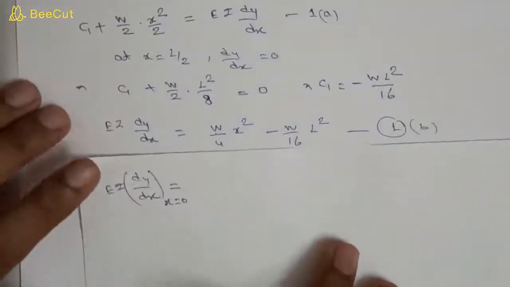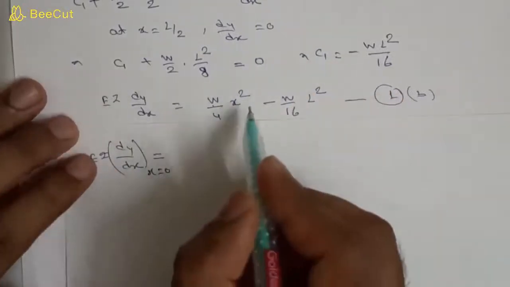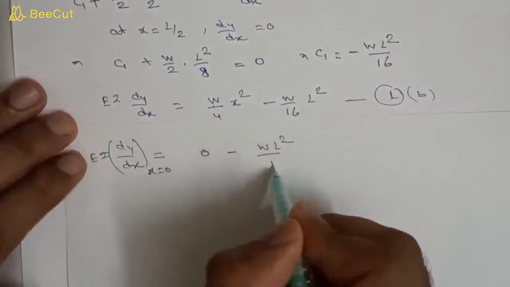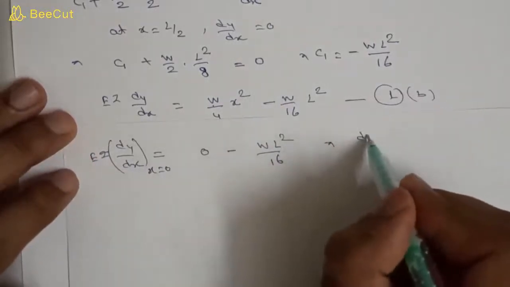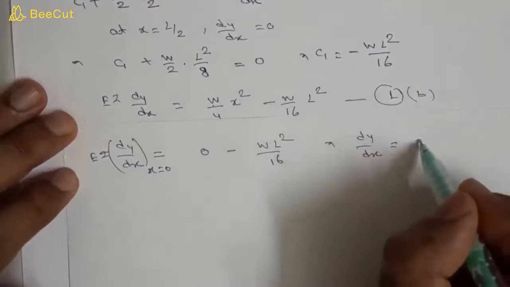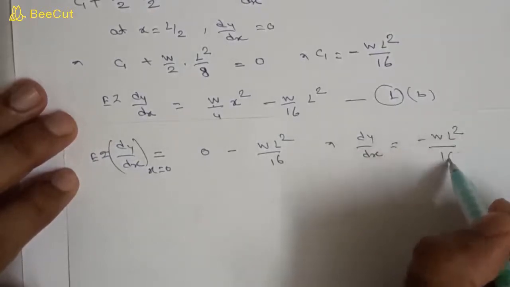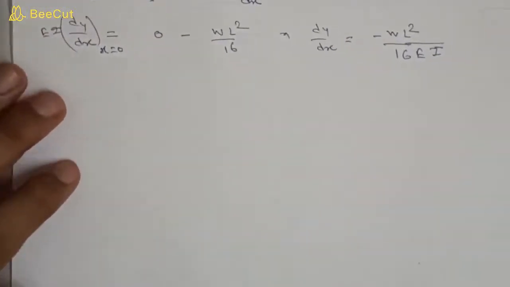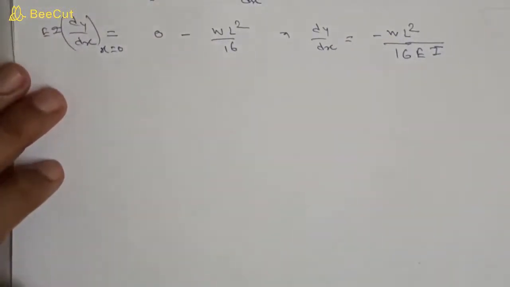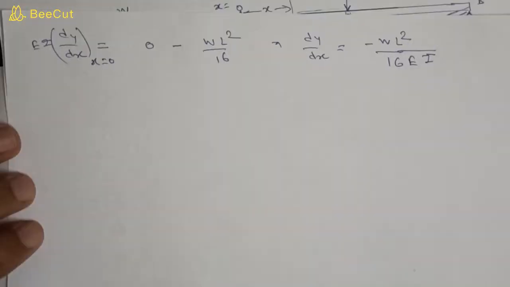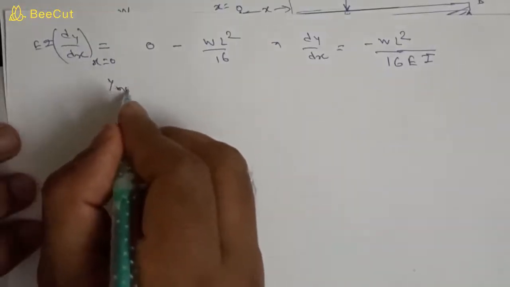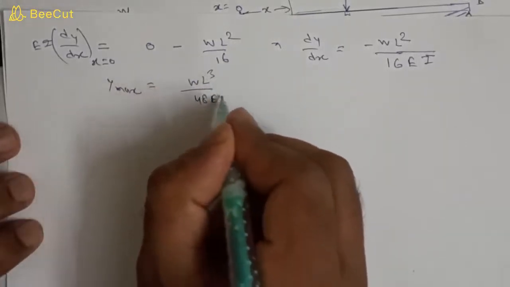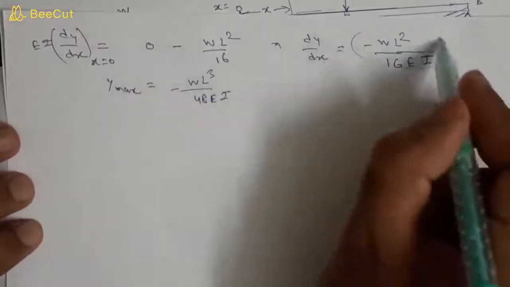So let's find this. dy/dx at x = 0 will become 0 minus wl²/16. So dy/dx = minus wl²/16EI. Okay, so we have got the formula for deflection and slope both. The formula for deflection is y max = wl³/48EI, and this one is slope.